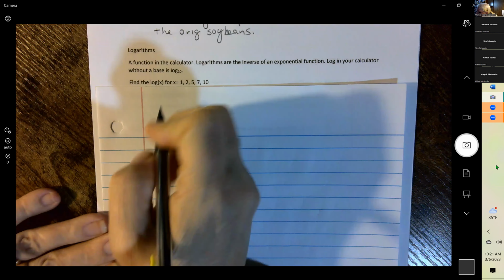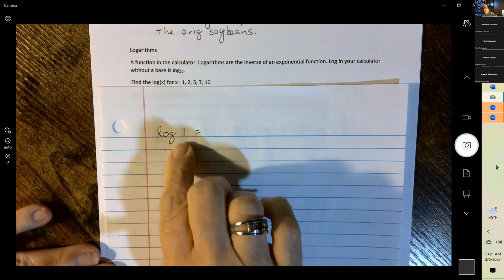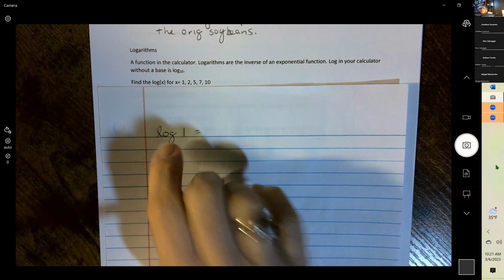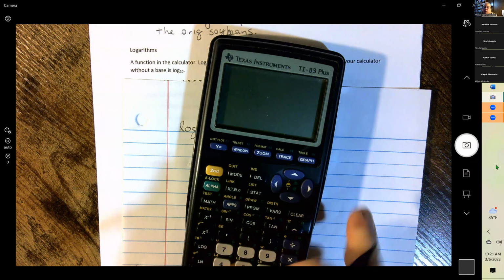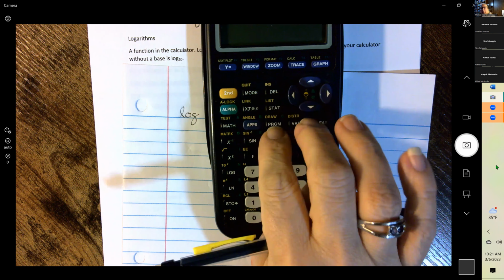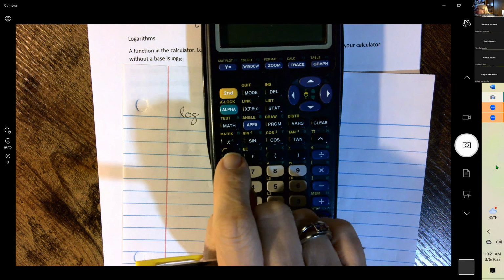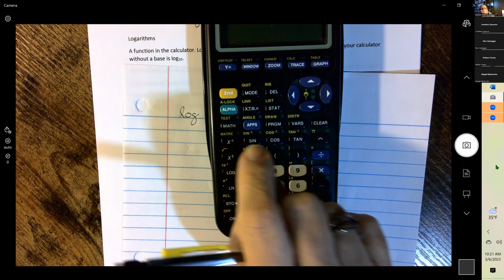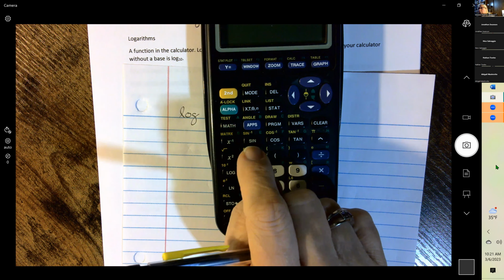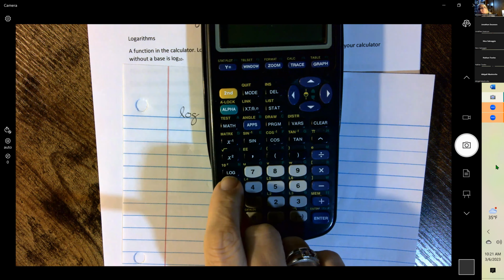So we want to find the log of 1. When there's no value, that's a base 10, and that's what calculators are. The log is either somewhere here on your calculator or here. If you don't see it, then you probably have one that says trig or math. Sometimes it's under math, but you should have a button that says log.